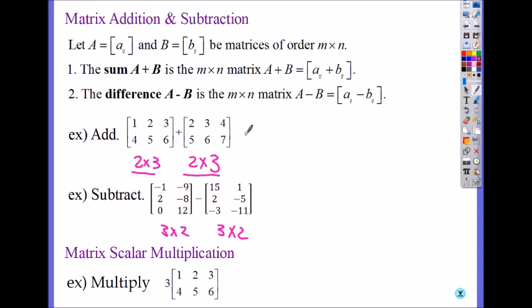So here, when you add it, it's 1 plus 2, 3, 2 plus 3, 5, 3 plus 4, 7, 4 plus 5, 9, 5 plus 6, 11, 6 plus 7, 13.